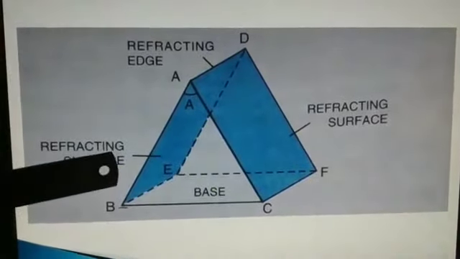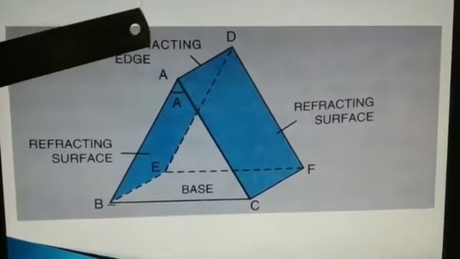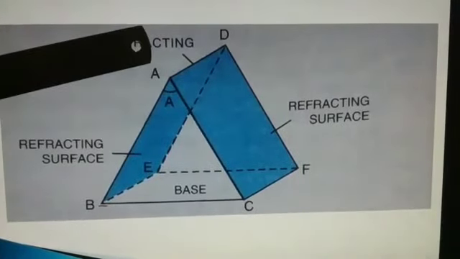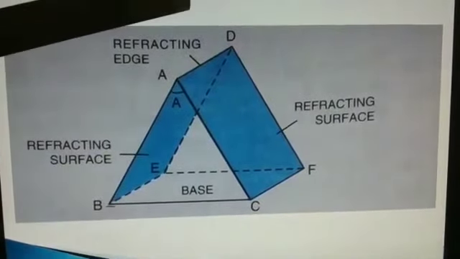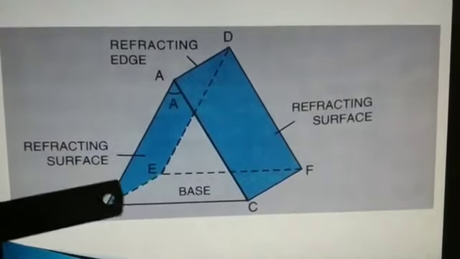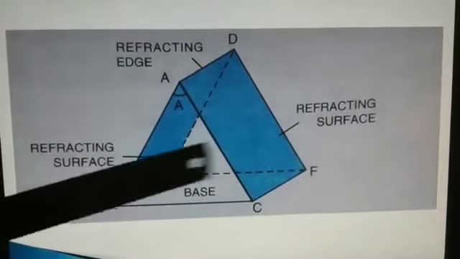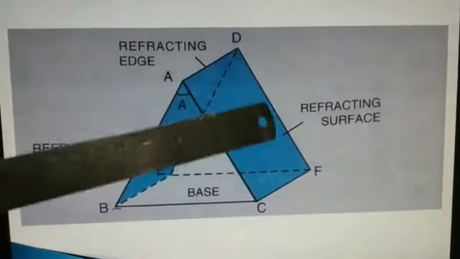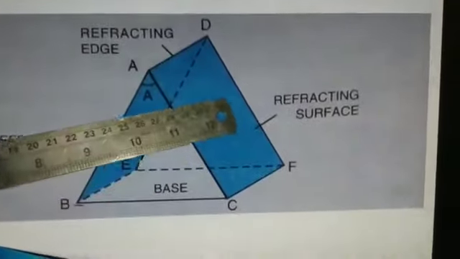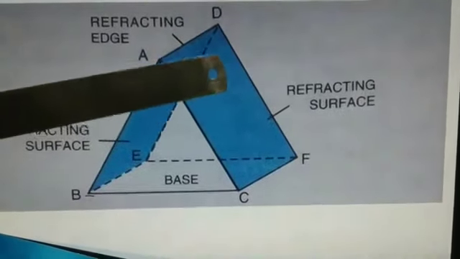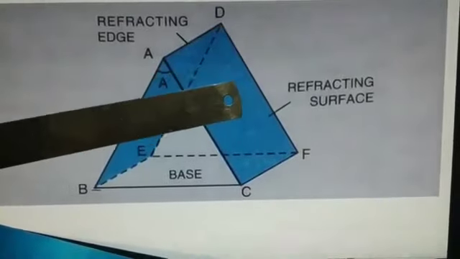These rectangular surfaces, by name you can identify: ADEB, ADFC, and BEFC. These are the rectangular surfaces. These are also called refracting surfaces.